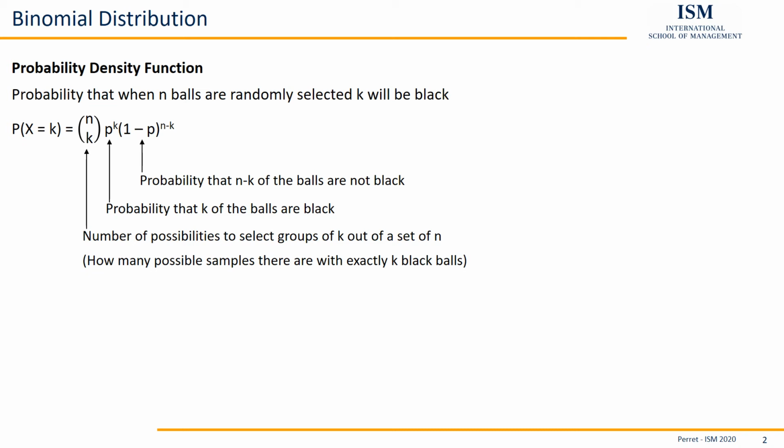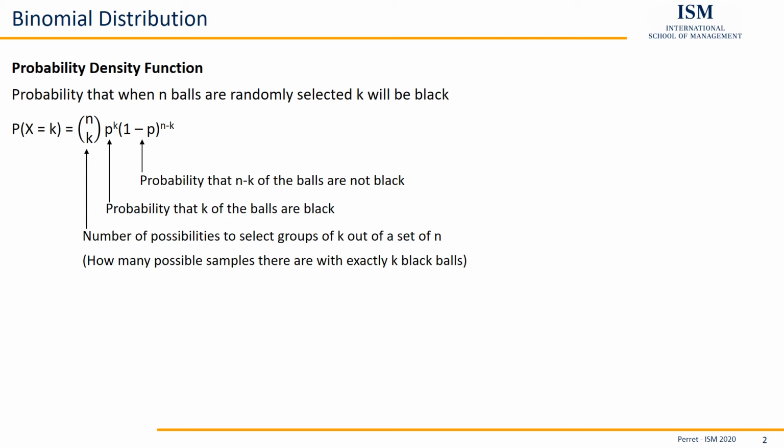But I could have the exact opposite as well: non-black, non-black, black, black, black. And different other ones as well. So I start with n over k possibilities of samples of size 5 with exactly k black balls, times the probability of k balls being black and the probability of n minus k balls not being black. So the rest.